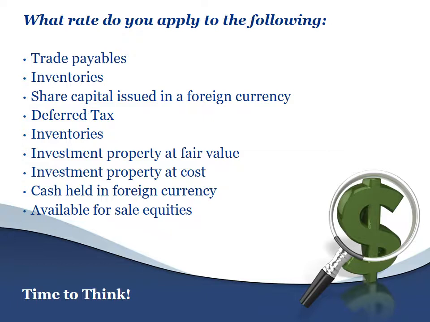So trade payables, we should have converted those at the closing rate. When I look at my inventories, I convert those at historic rates because those are effectively a non-monetary item. Trade payables being a monetary liability.